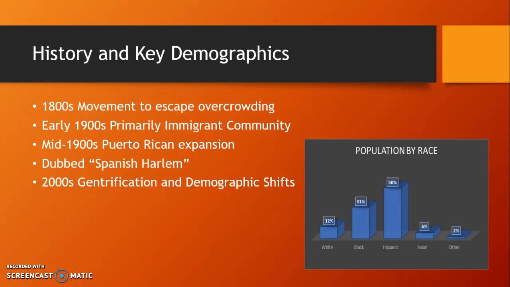In the 1800s, there was a movement basically just to escape some of the overcrowding in the more heavily populated areas of the New York City, New York County area.